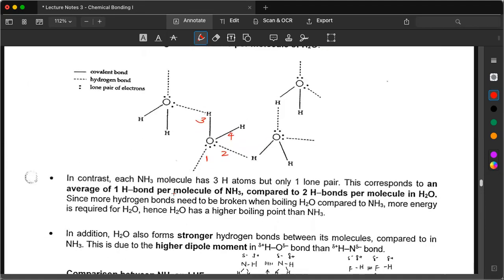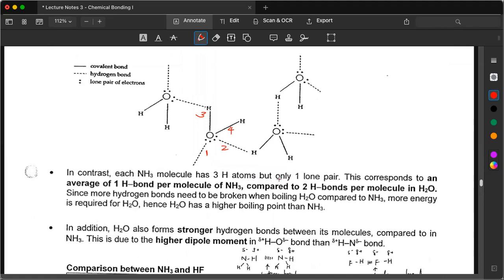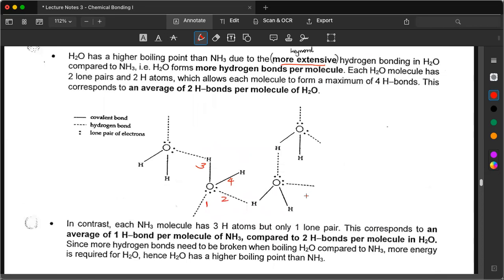In contrast, NH3 has 3 H atoms, but only 1 lone pair. So it corresponds to an average of only 1 hydrogen bond per molecule of NH3 compared to 2 hydrogen bonds per molecule in H2O. Because this one is actually an average of 2 H bonds, not 4.